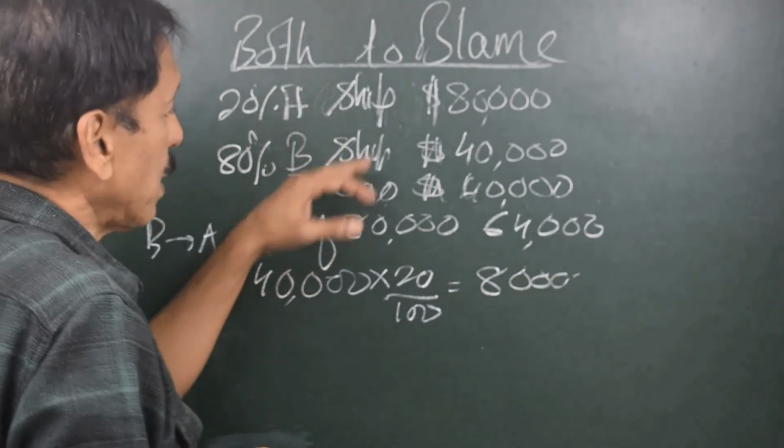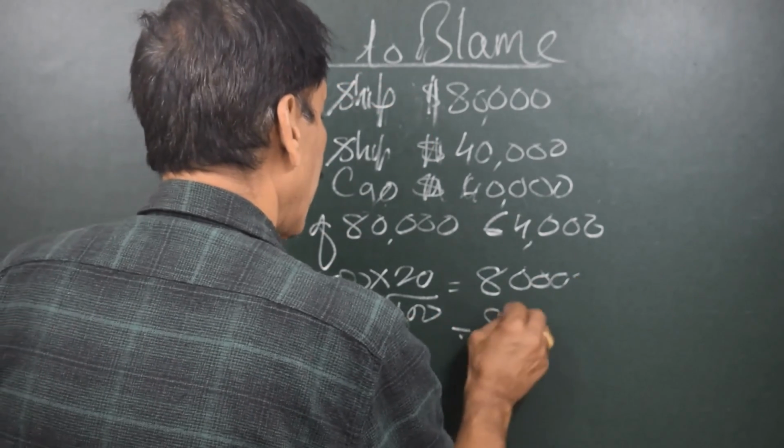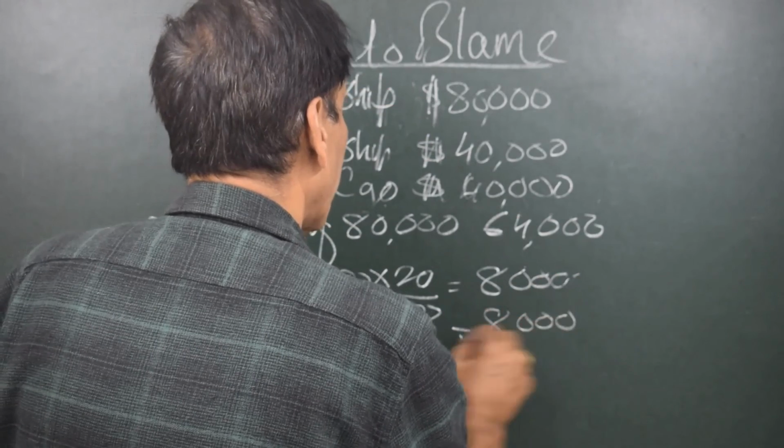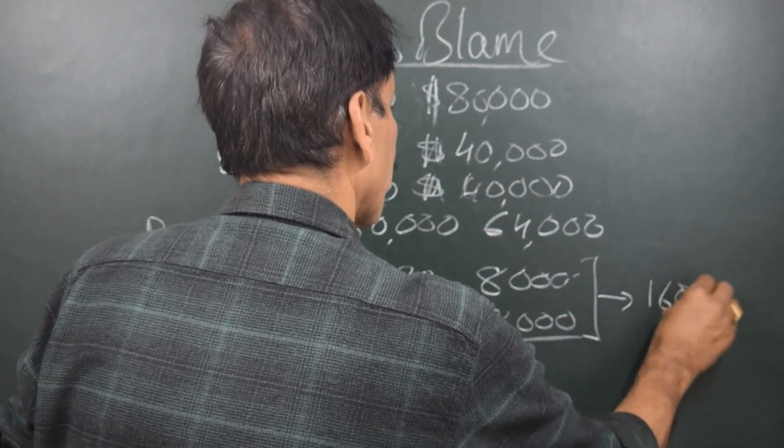So he pays 8,000 towards the ship damage and likewise he pays 8,000 only towards the cargo damage. So total payment made is 16,000.